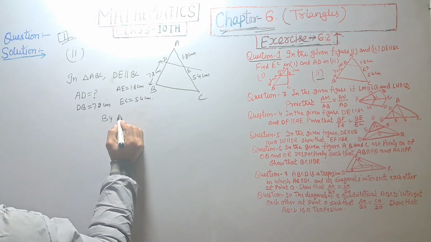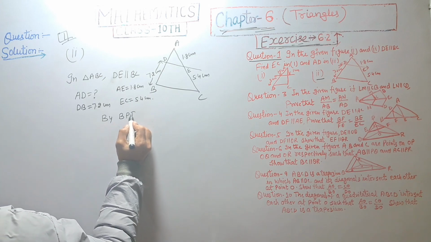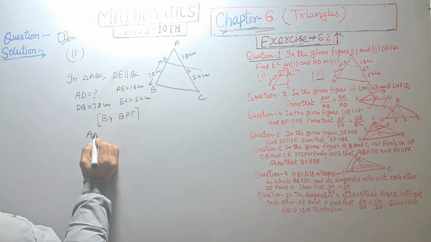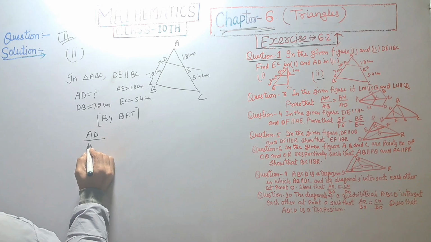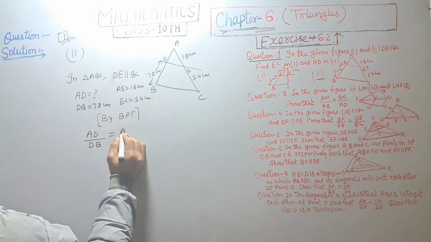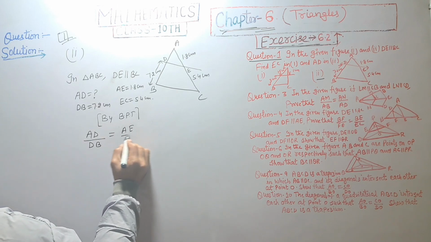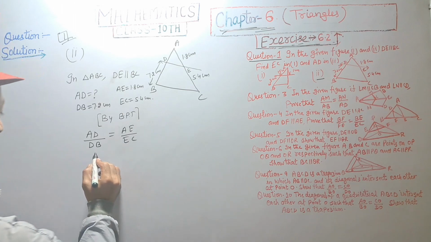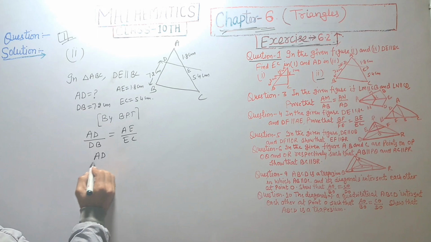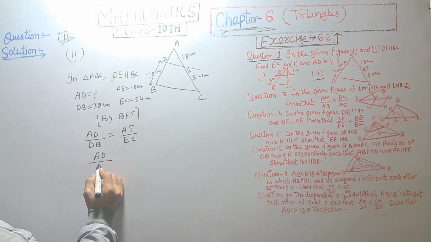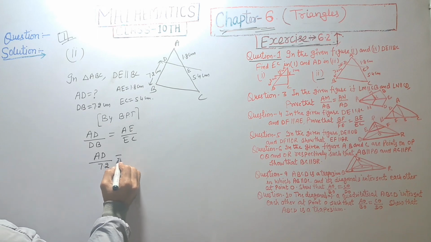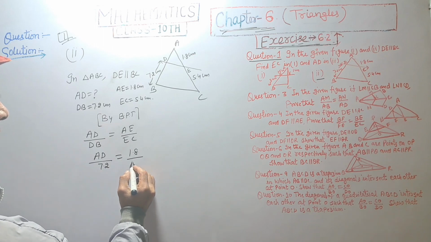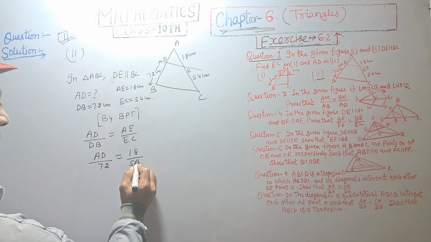By BPT, AD upon DB is equal to AE upon EC. AD upon 7.2 is equal to 1.8 divided by 5.4.